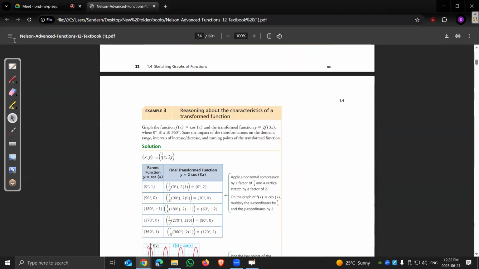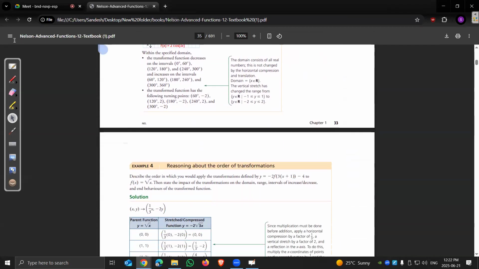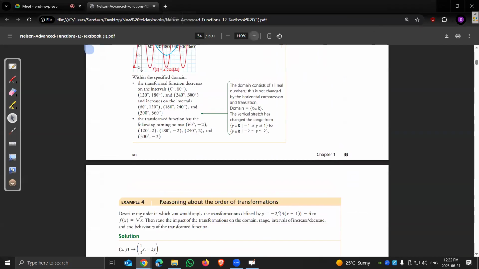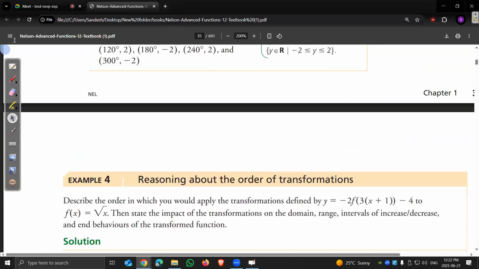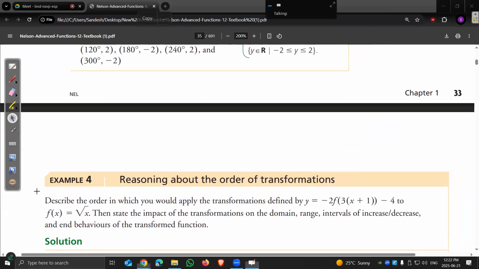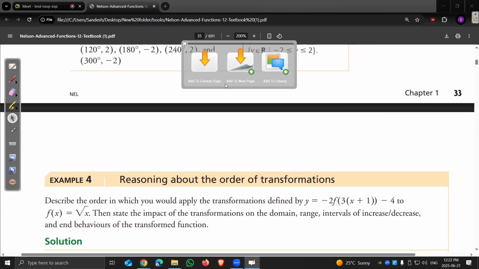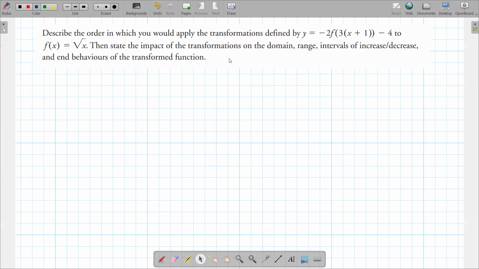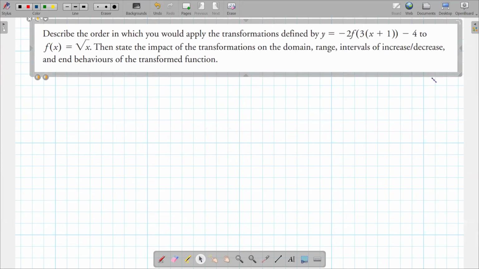So let me find a nice example. All right, let's start with this one. Okay, what's the parent function here?